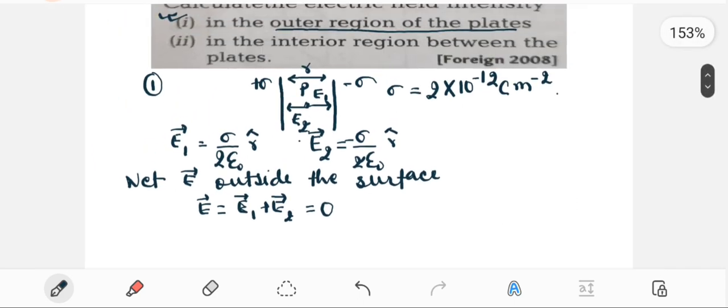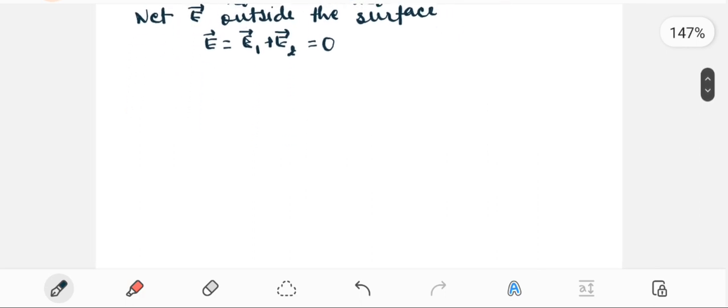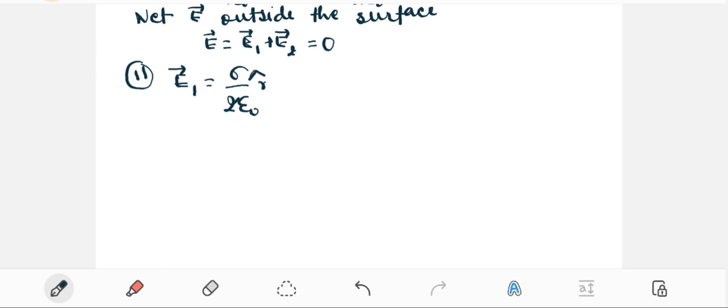Now the second part of the question says, in the interior region between the plates, what will be the electric field? So for the second part, we have to find it in the interior region. We know that E1 is equal to sigma upon 2 epsilon naught r cap, and E2 is equal to sigma upon 2 epsilon naught r cap.